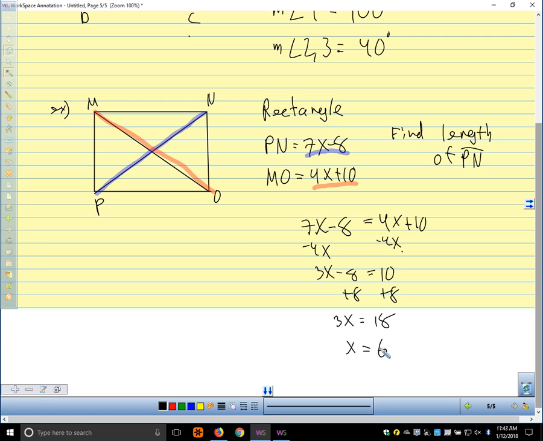Are we done? No, it says find the length. So we need to take x equals 6 and plug it in there. So PN is 7 times 6 minus 8. 7 times 6 is 42, minus 8, 34. So the diagonals are 34 units long.